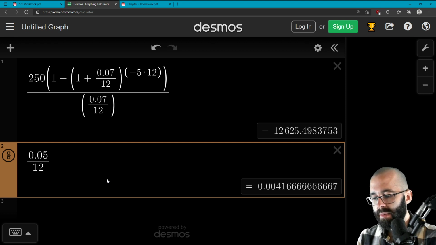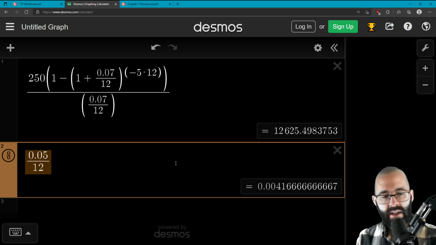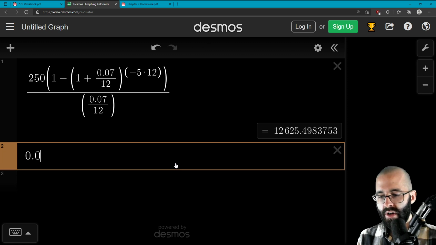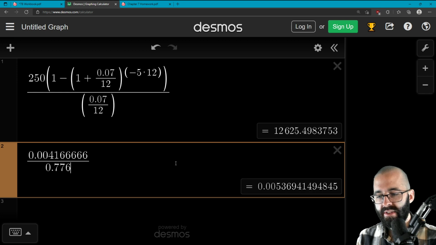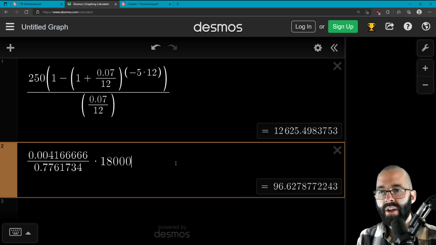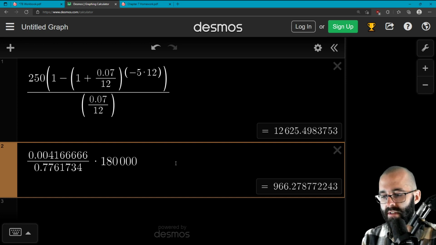So follow the same steps and you're going to get that D is going to be that 0.00416 repeating divided by that 0.7761734. Multiply that by our 180,000. We're going to get that our monthly payments are approximately $966.28. That's with a 5% interest rate.